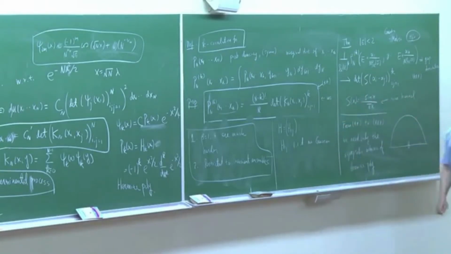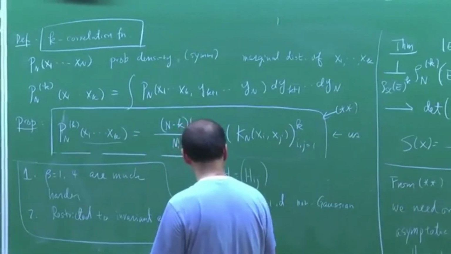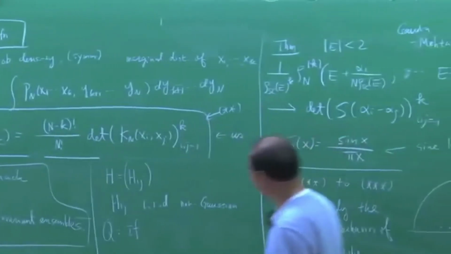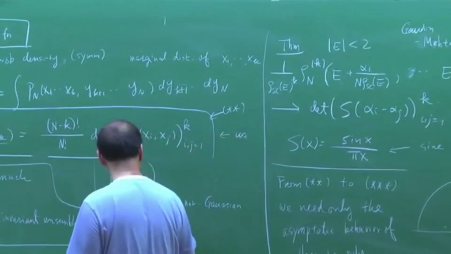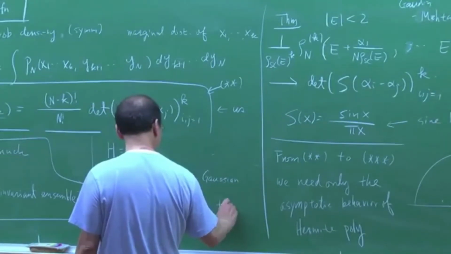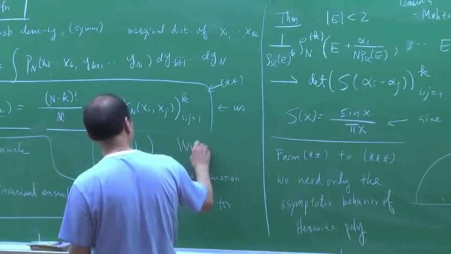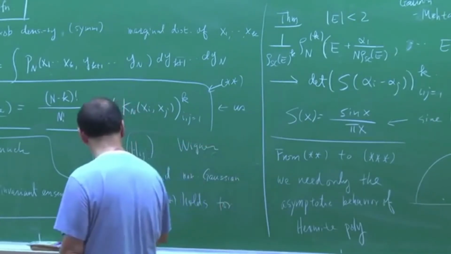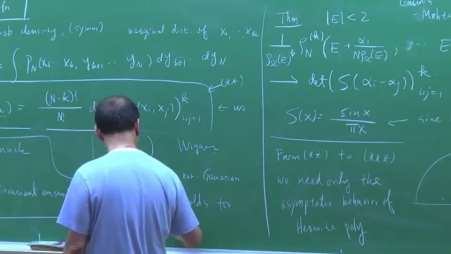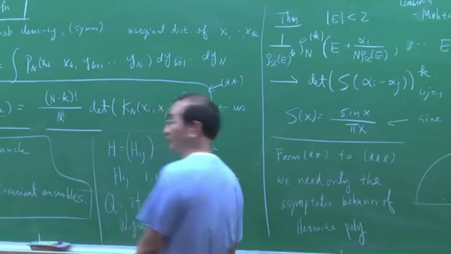Now the question is, if this formula holds for this, it is called a Wigner ensemble. That's the question.